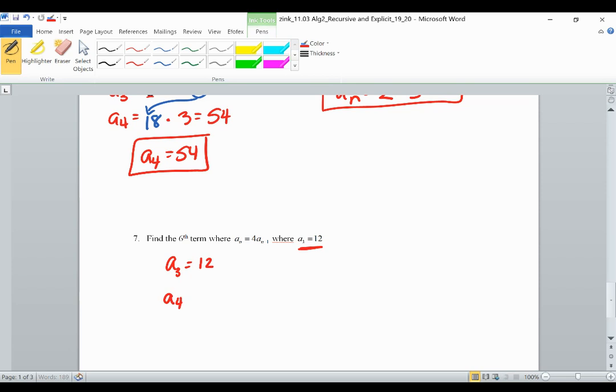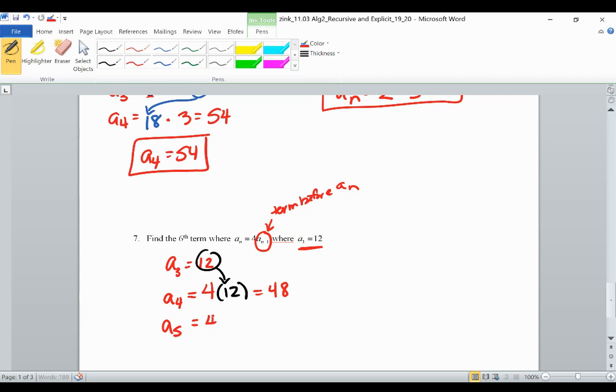So now let's find a sub 4. A sub n minus 1 means what? That's right. It's the term before a sub n. So I'm going to take 4 times the term that came before it, which was 12. That gives me 48. Now I'm going to find a sub 5.